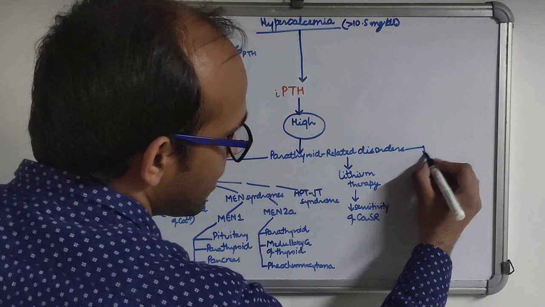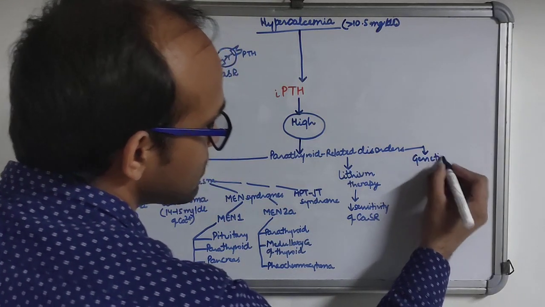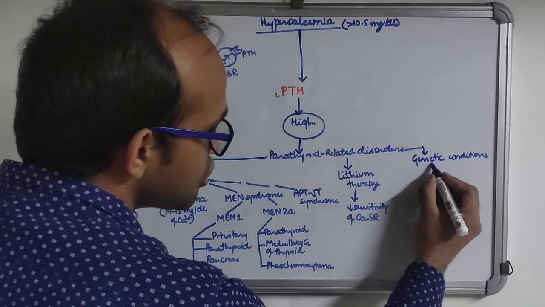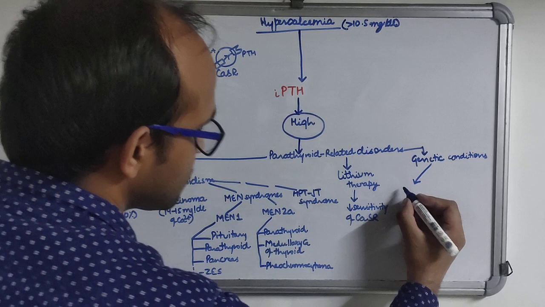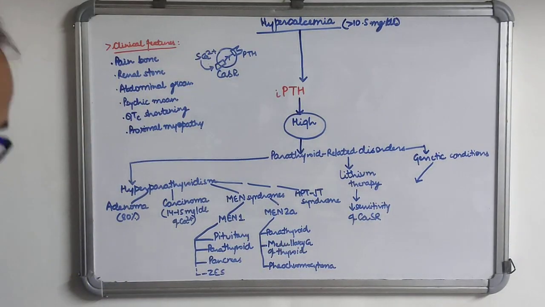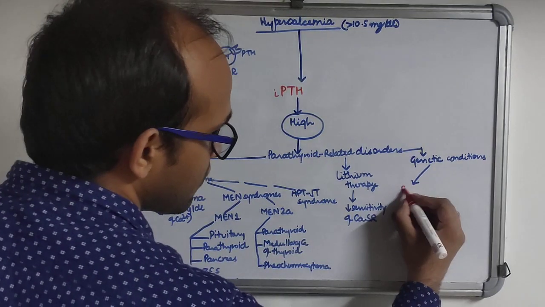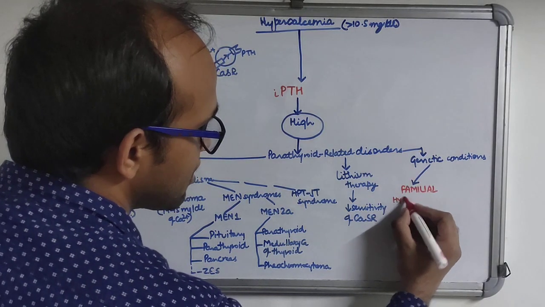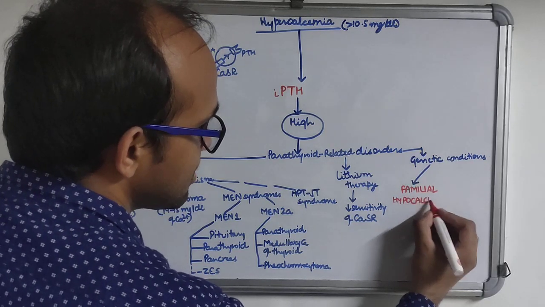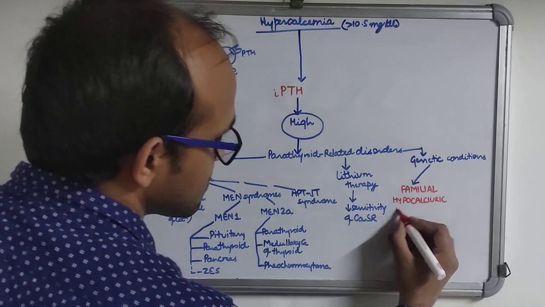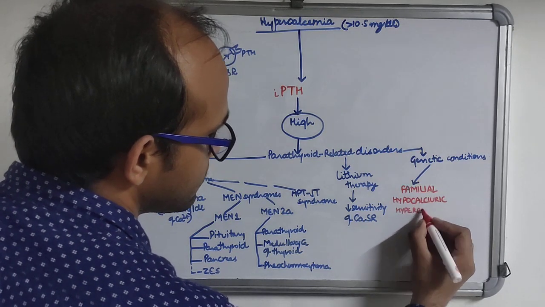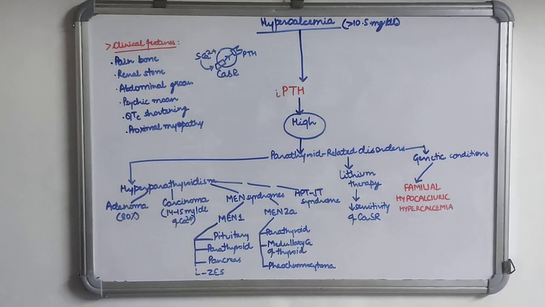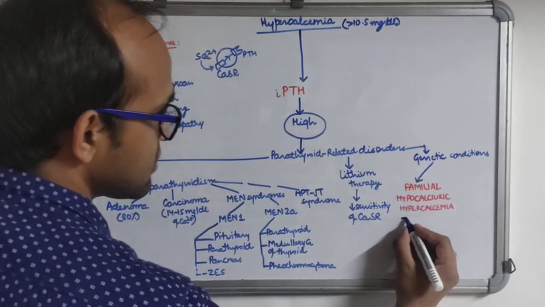Another important group of parathyroid related disorders are genetic conditions. The most important in this is familial hypocalciuric hypercalcemia. It is an autosomal dominant condition.